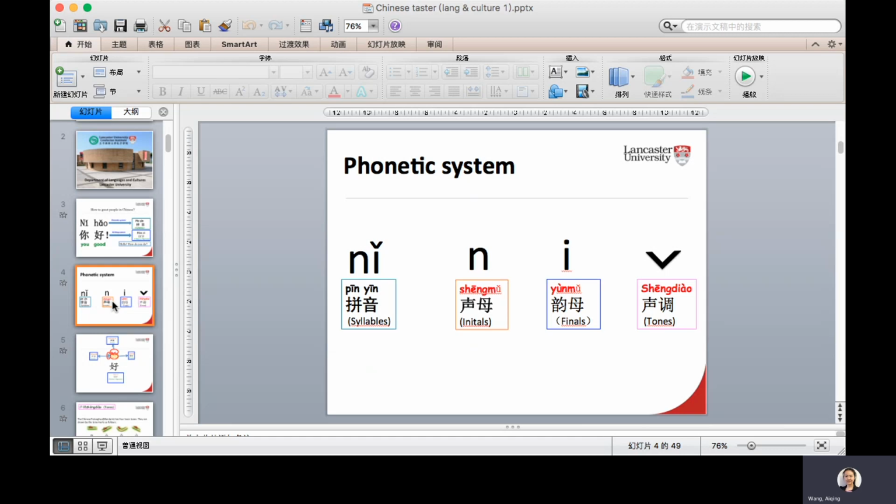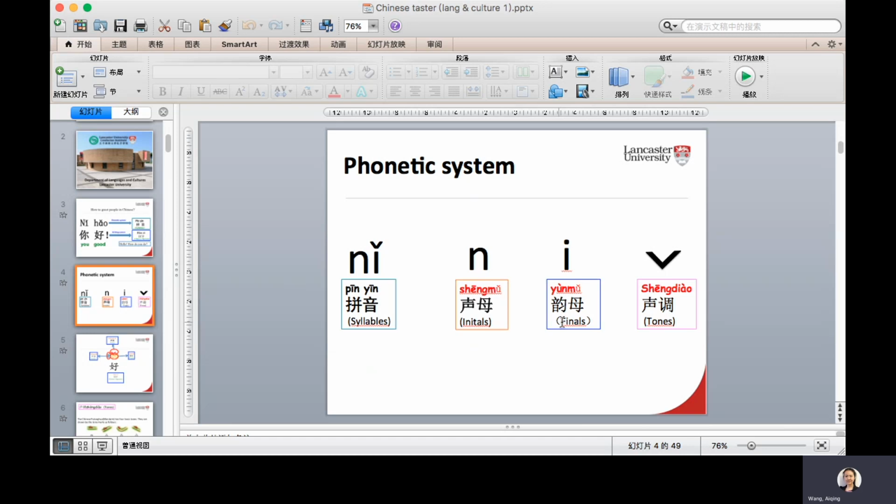Okay, so let's have a look at the pinyin system. The phonetic system called pinyin consists of three parts. The first part is the initial, the so-called consonant in English, 声母 in Chinese. And then the vowels.